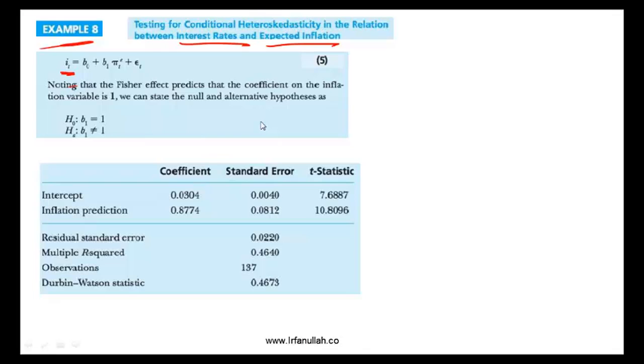Okay, so in example 8, we are looking at the relationship between interest rates and expected inflation. So you saw this in economics, that there is a relationship between nominal interest rates and expected inflation. So now that you've studied regression, you want to do a regression-based analysis to validate the Fisher effect. I want to make sure you understand the big picture first.